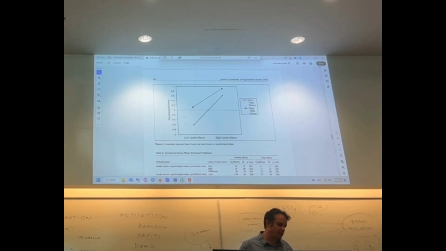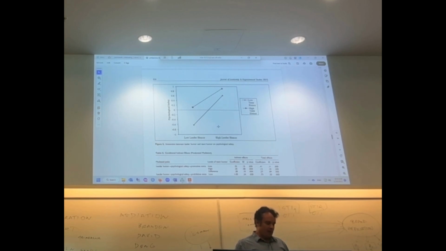The increase in psychological safety as leader humor increases is expected to be lower. So it's a weaker relationship than for low team humor. A funny boss has more impact on a lame team than a funny team. Yeah, I guess yes. That's a good way to put it.